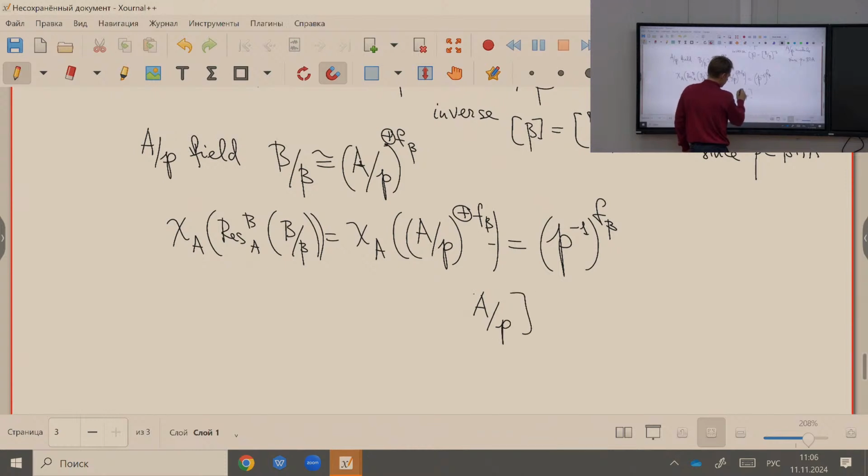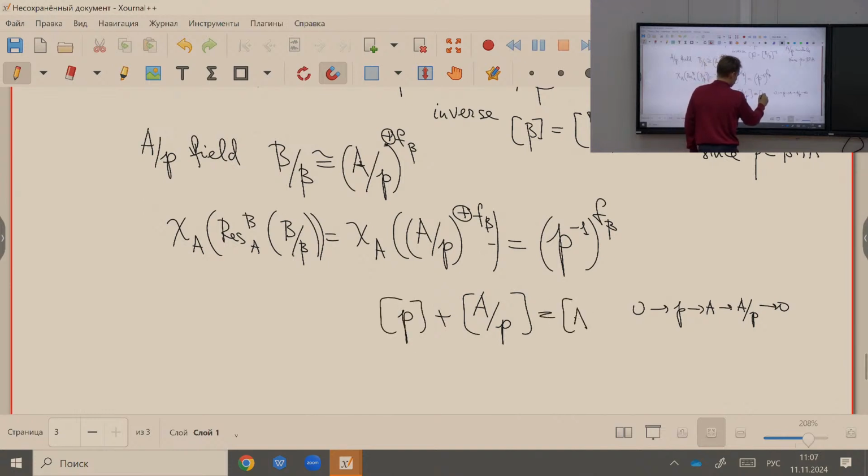Of course, by this rule, because we have an exact sequence, it maps to the inverse of. So this is the class of A, and this maps to unit.